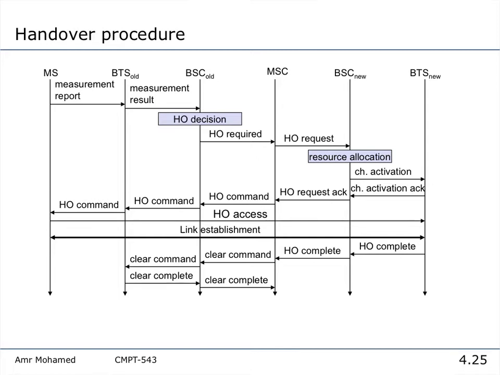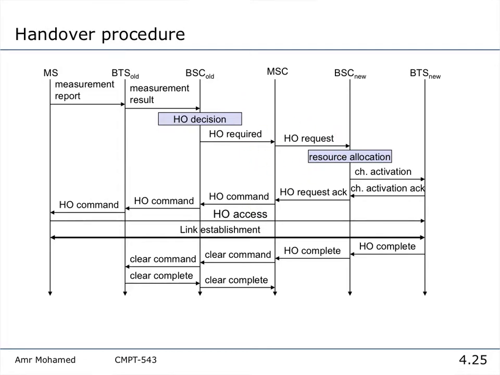Of course, this scenario is specific for an inter-BSC handover, which, as we said before, is this example. Suppose it is within the same MSC. When it is MSC to MSC, of course, it will be even longer than this, because you will have another MSC here, and there will be some other signals between one MSC and another.